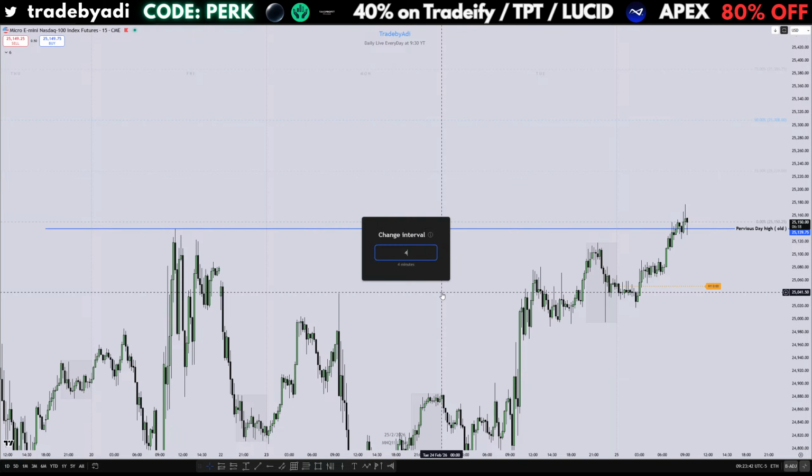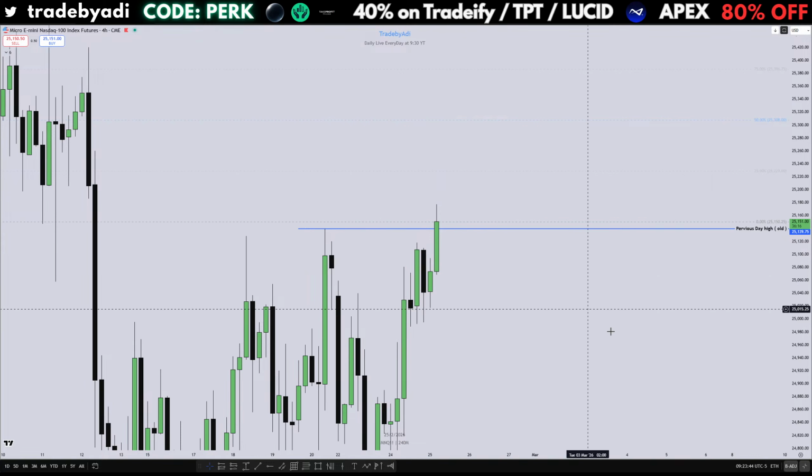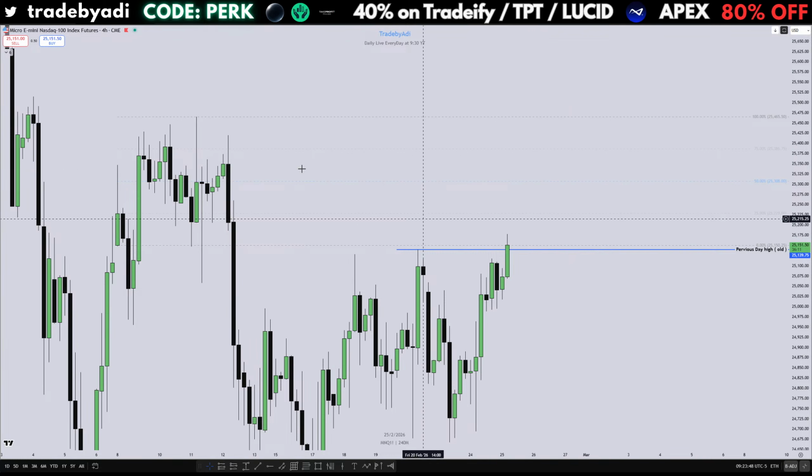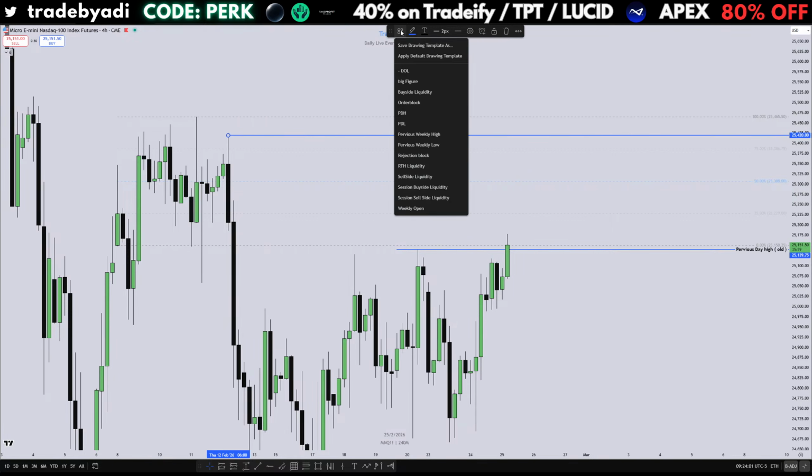Let me also check the 4 hour, how the 4 hour candle is. Okay, so we do have the fair value gap over here and the failure swings. These are all the failure swings, 1, 2, 3, and we will mark the nearest buy side liquidity as in draw on liquidity.